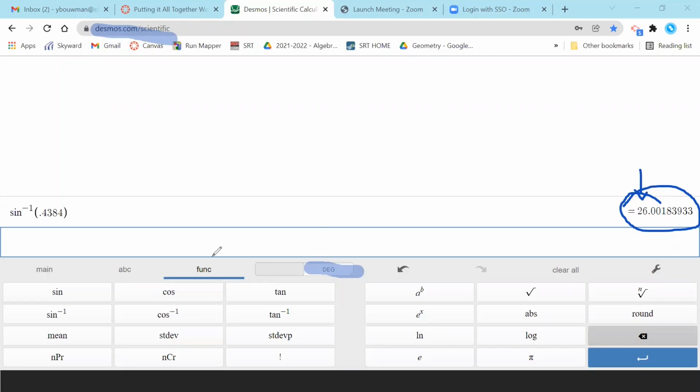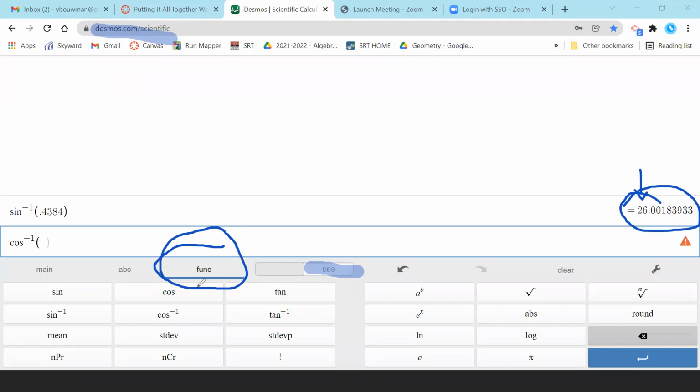Okay, so for the next one, you are going to do the cosine inverse, right? So there's cosine inverse or tangent inverse. You'll click on this one. So you need to make sure when you go to Desmos Scientific that you are in this function mode. That's where you find the inverses. Sine to the -1 is sine inverse.